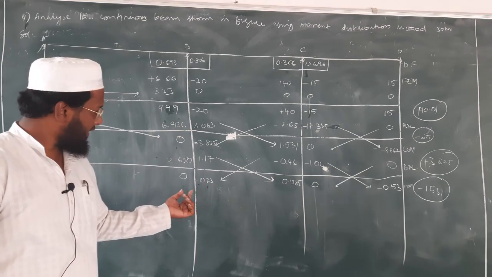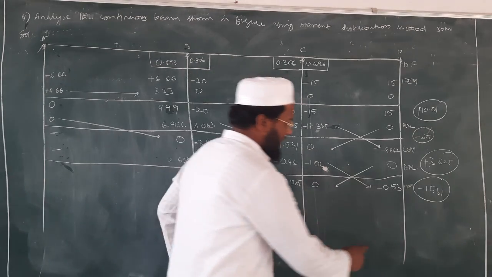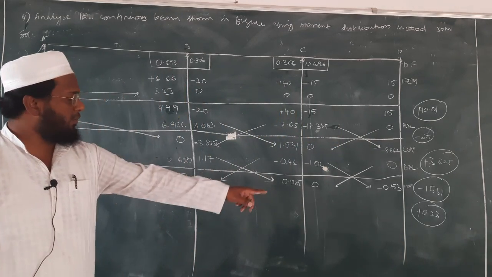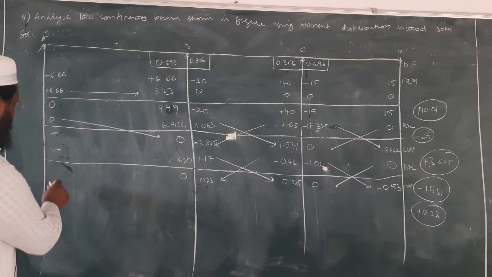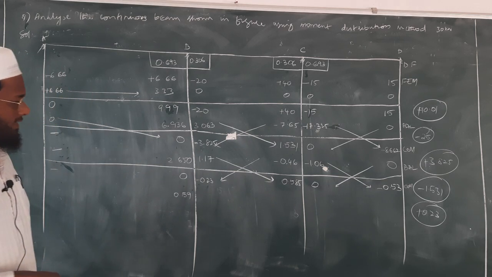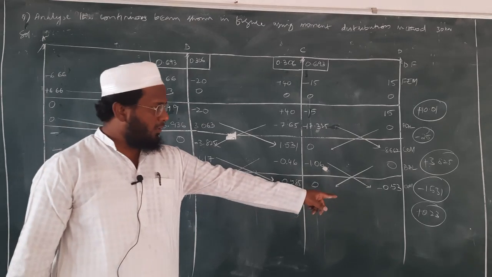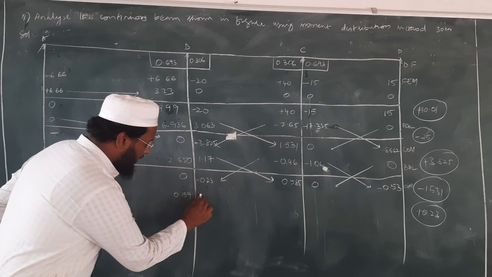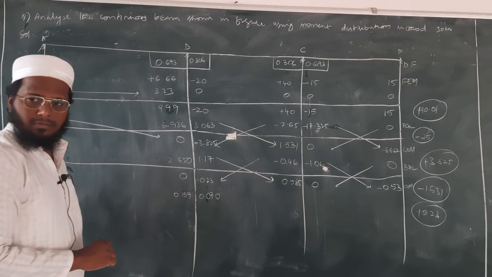I will do balancing. So 0 minus 0.23 is how much? Minus 0.23. Minus 0.23 will make it plus. Okay. So plus 0.23 into 0.693. How much? 0.159. Next value, again 0.23 into 0.306. How much? 0.070. 0.07, right?